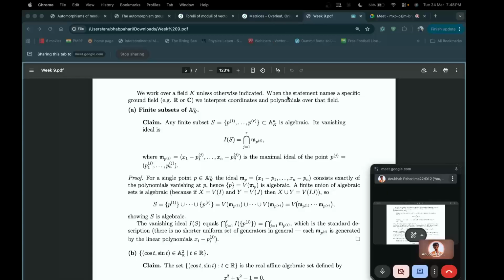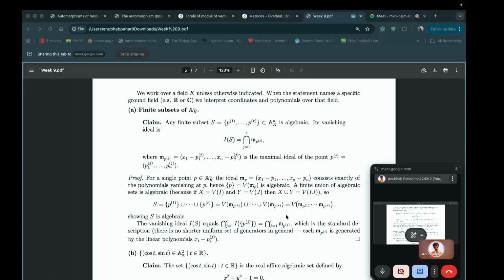So the claim says that any finite subset S, suppose the elements are P1 up to Pr, is algebraic, and its vanishing ideal is I, which is the intersection of all the maximal ideals, which looks like this: the maximal ideal of the point P_j = (p_1j, ..., p_nj).